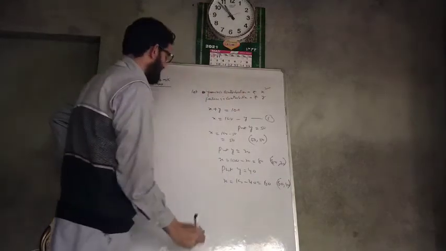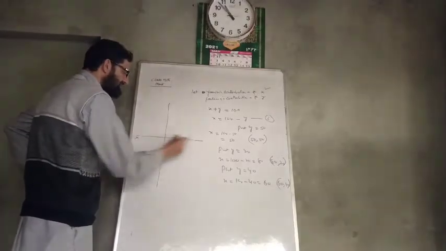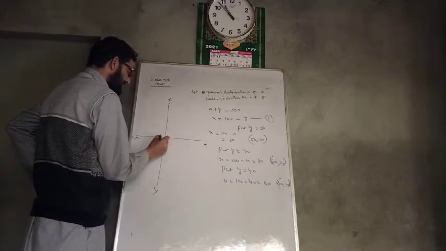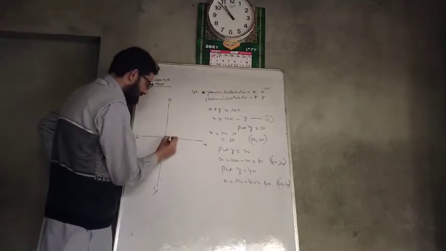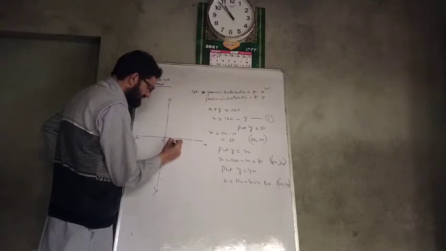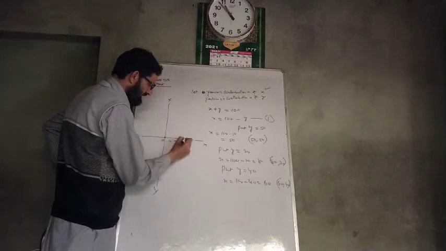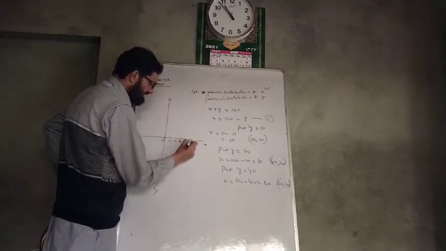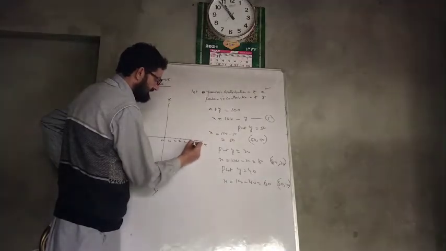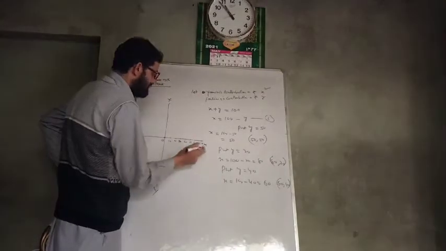Now you can take the graph of X plus Y is equal to 100. This is the X axis and this is the Y axis, and here it is 0. Let's make these divisions. This is 10, this is 20, 30, 40, 50, 60, 70, 80, and so on.